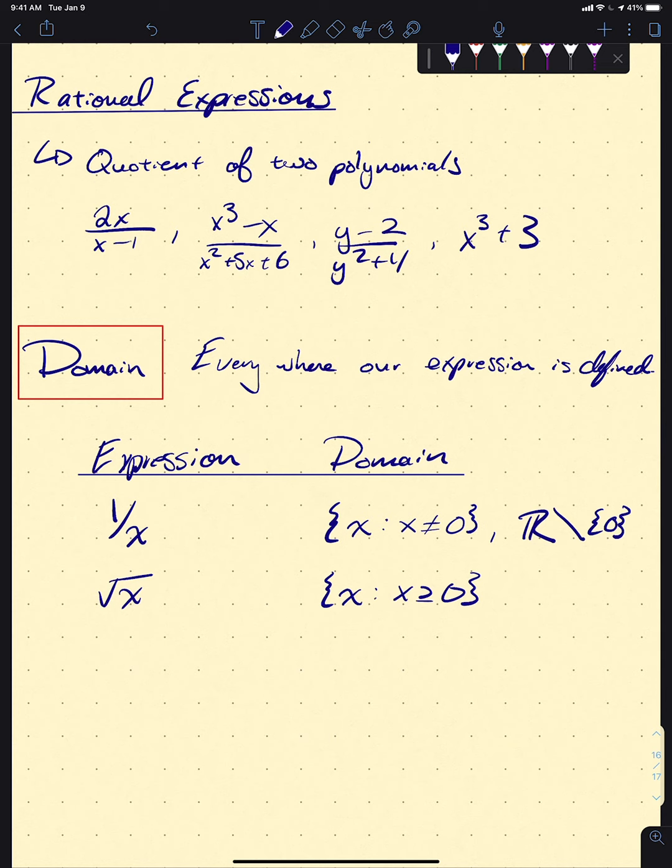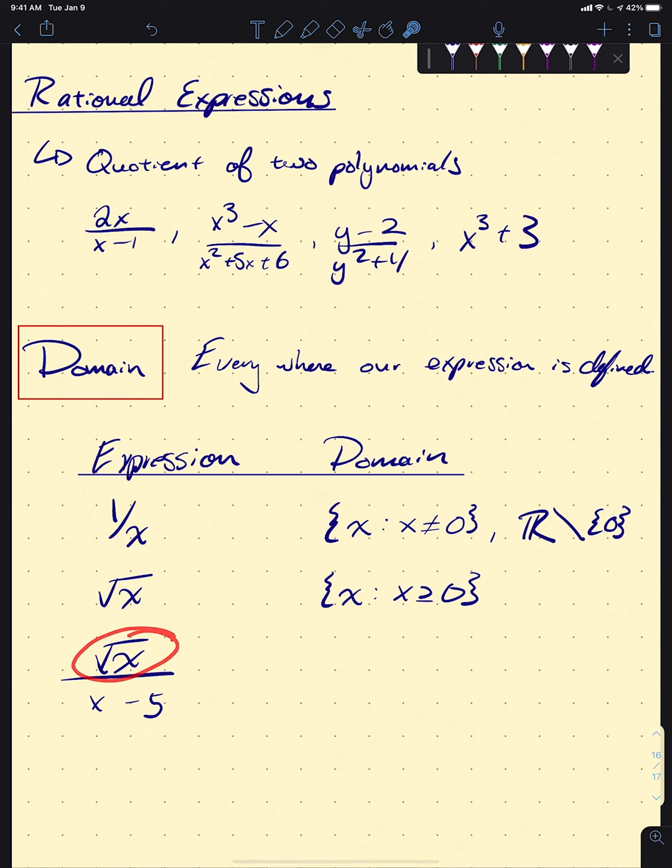What about something like this? Say the square root of x over x minus 5. Well, there's two things that could potentially go wrong here, right? There's two places where we're doing something that's not allowed. Well, the first one is that we don't want to divide by 0 here. So part of our domain needs to be where x minus 5 does not equal 0.